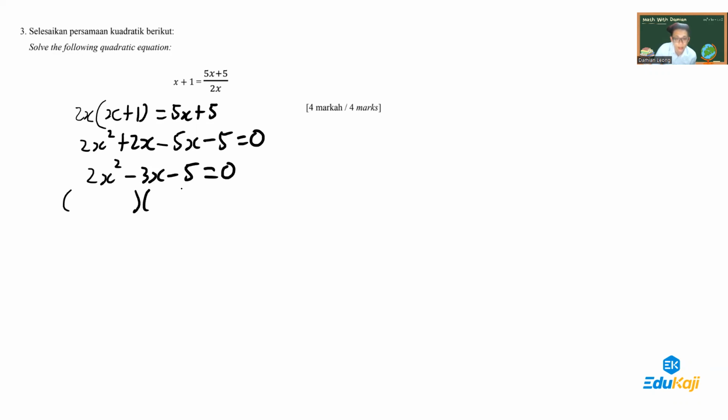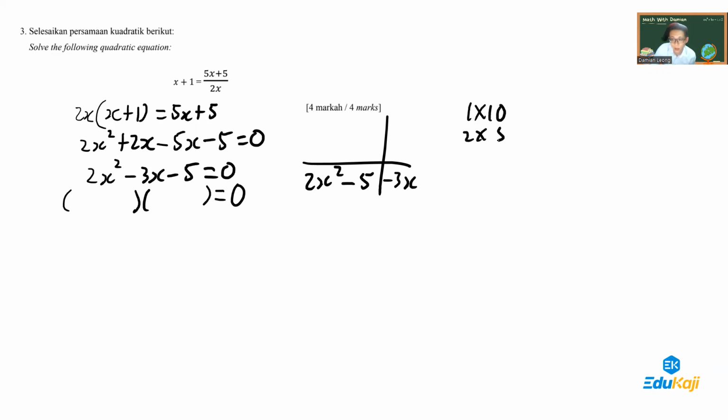Then we factorize. Let's say I use the cross method to factorize. Middle term put on the right, the rest on the left. Take 2 times 5, 10. Factors of 10: 1 times 10, 2 times 5. To get minus 3, minus 5 plus 2. So minus 5x plus 2x. 2x squared split into 2x times x. So 2x times positive 1 to get plus 2x. x times negative 5 to get minus 5x.